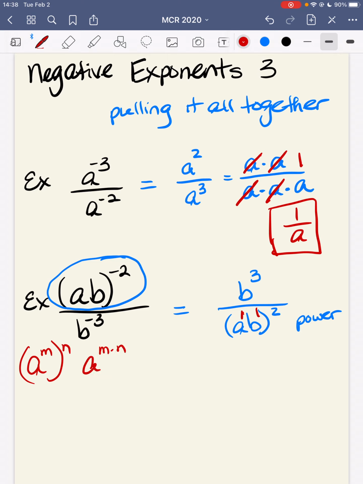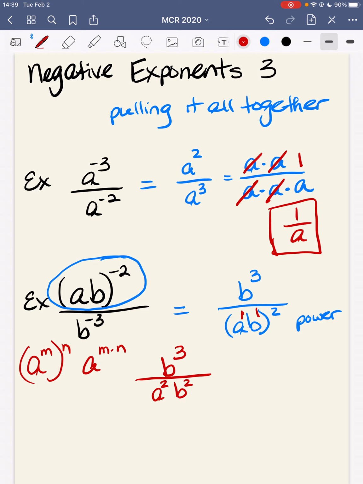That's rule number 2, or power rule. Okay? Which means I have in the numerator my b cubed. In the denominator, I have a to the 1 times 2, or a squared. And I have b to the 1 times 2, which is b squared.